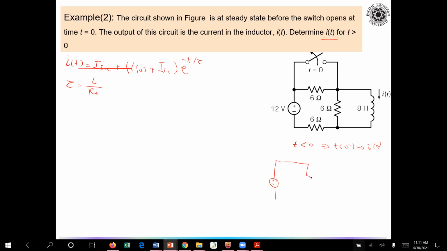And we have 6 amps here, another 6 amps on the lower side. And the last part, the inductor. Since it stayed for a long time, represent the inductor by a short circuit. So here is my current i(0) that I'm looking for. And here is the 6 ohm, here is the 6 ohm, and here is the 12 volt.